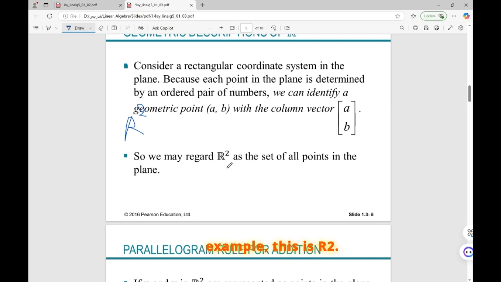For example, this is R2, right? And this is a point. What is the vector corresponding to this point?